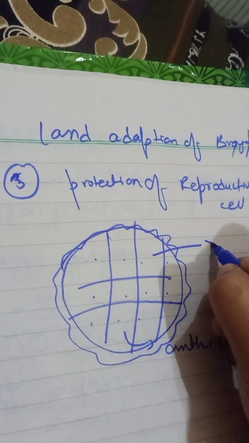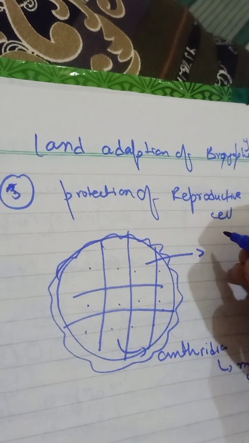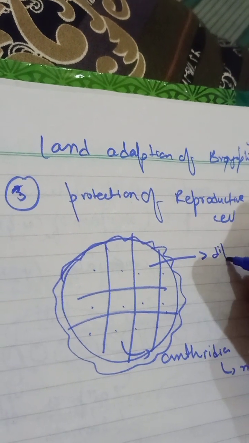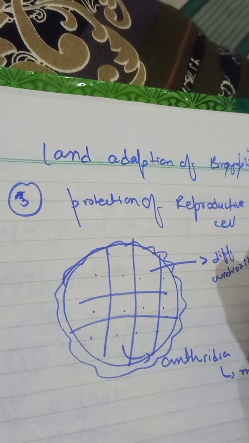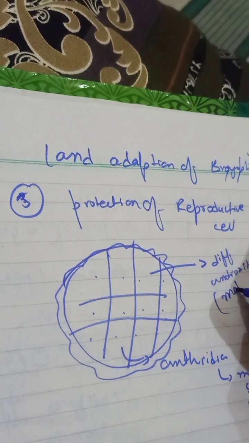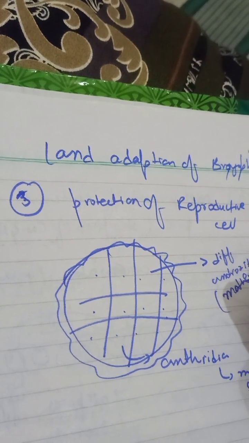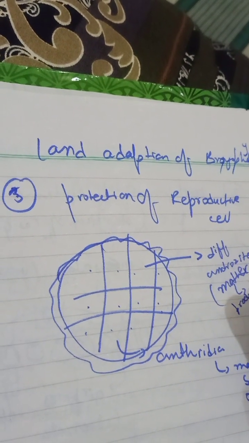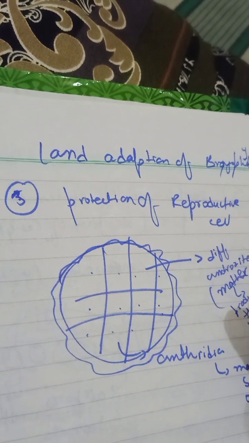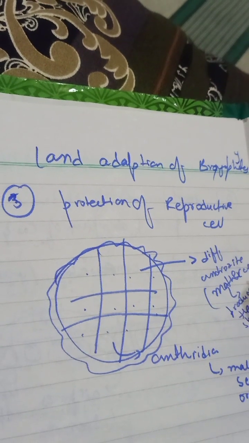These are the androcytes, which means sperm mother cells, which produce the sperm, or gametes, by mitosis.